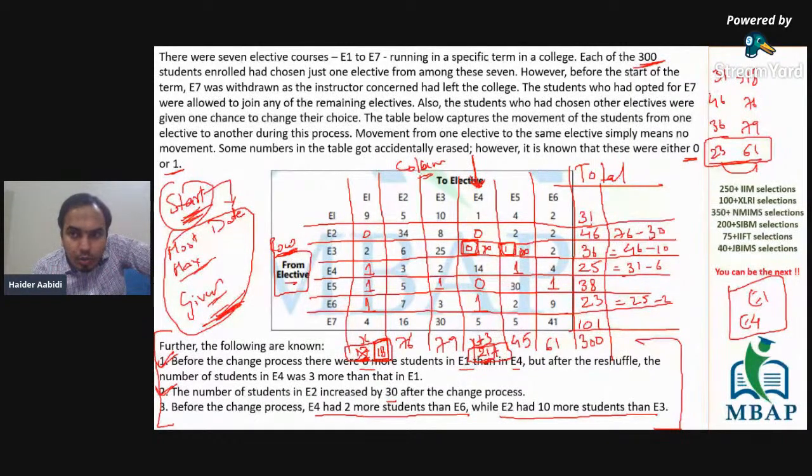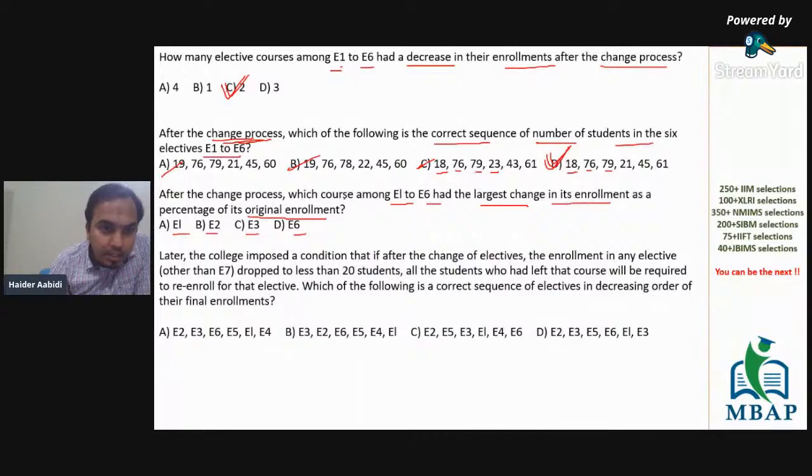E2 is 46 and 76, again not more than double. In case of E6, it is more than double. So that should be a quick answer there. E2 is not the largest. You don't have to look at the number, we have to look at the percentage change. This is what the question is telling you.